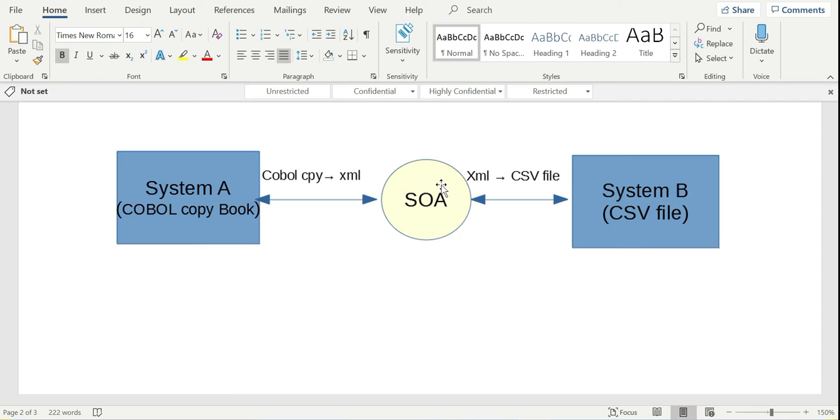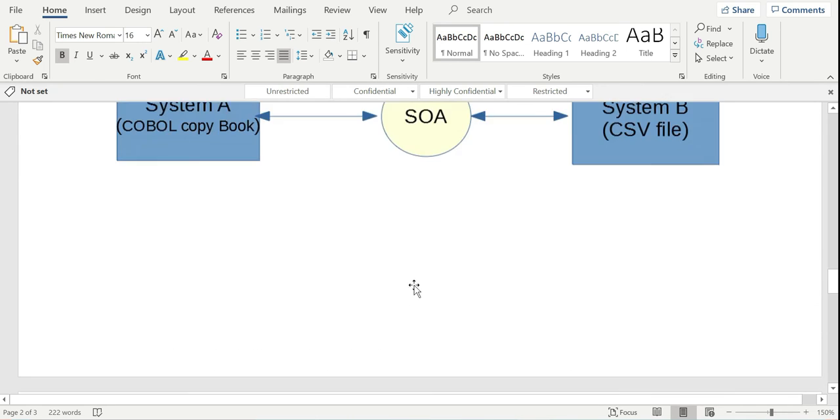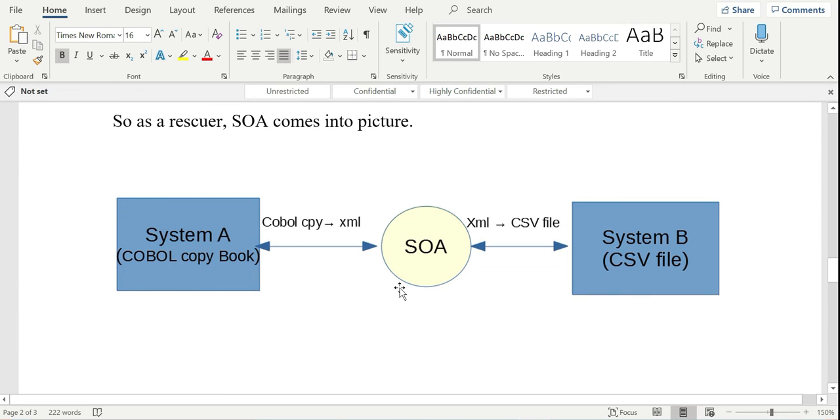So in this case, system A and system B don't need to recognize each other. They don't need to know each other to communicate between themselves. So what takes the whole responsibility of that particular communication?